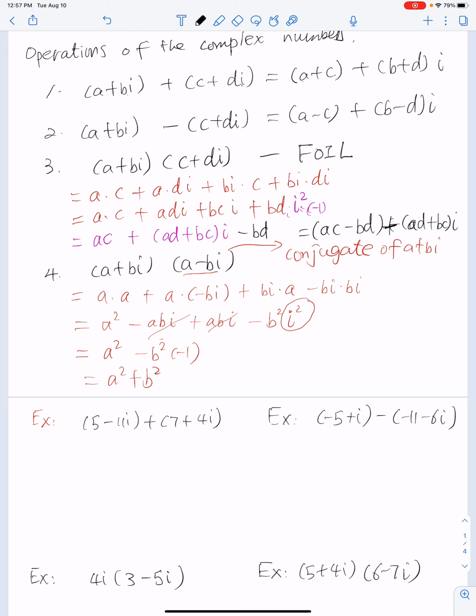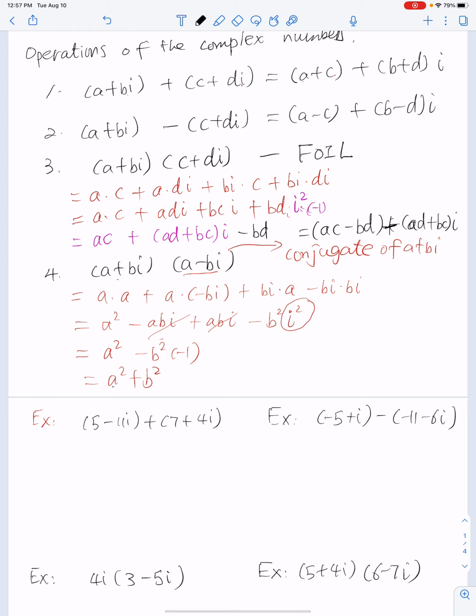Okay, and so what will we do? You FOIL: a times a, a times negative bi, bi times a, bi times negative bi. So what do we have? It's a square minus abi plus abi minus b square times i square equal to -1. So you have a square what? Plus b square. So what happens here?